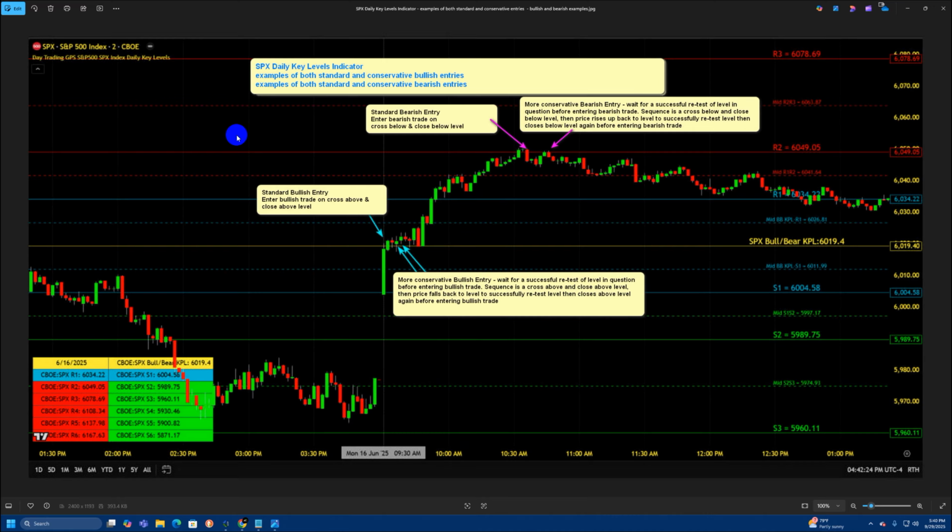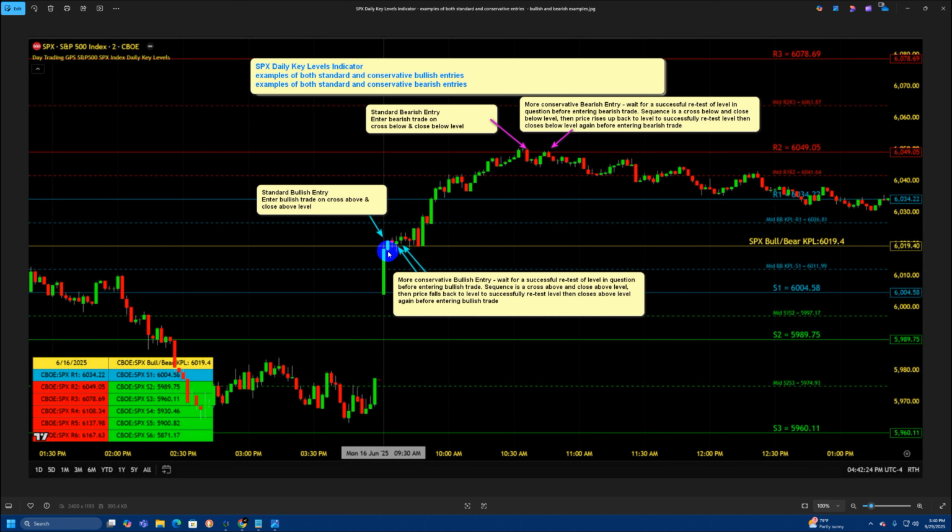Okay, so now we're going to take a look at examples of both standard and conservative entries, both on bullish entries and bearish entries. So first off, we're going to look at bullish entries. So here we have a cross above and close above.